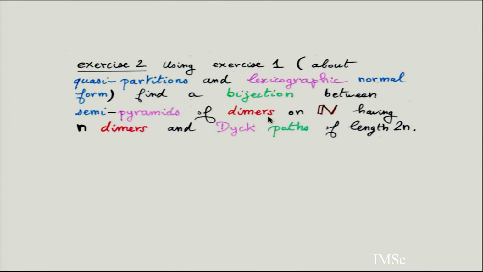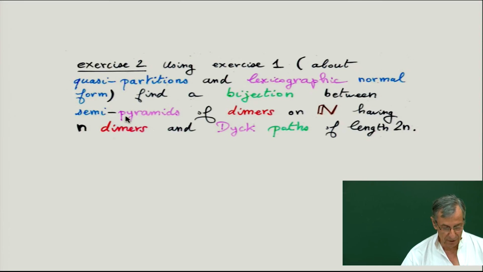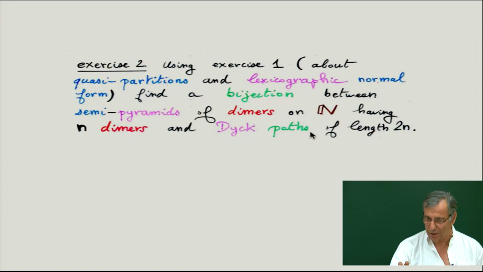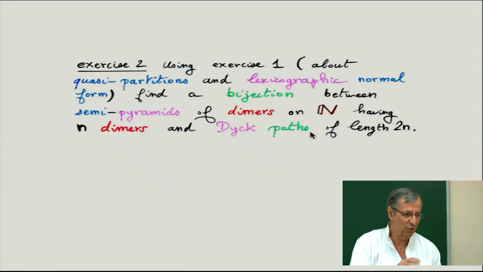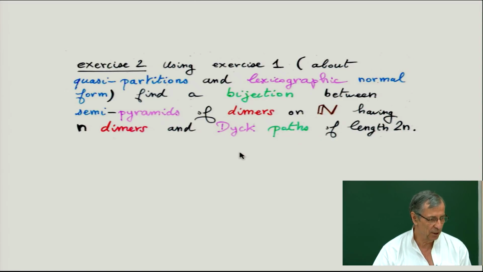Then the exercise is just to find, using the bijection with quasi-partitions and heaps, a bijection between semi-pyramids of dimers having n dimers and Dyck paths of length 2n. There are different ways to do the bijection, but this one uses quasi-partitions, which use a lexicographic normal form; using Knuth normal form applied to semi-pyramids, you get a bijection with Dyck paths.